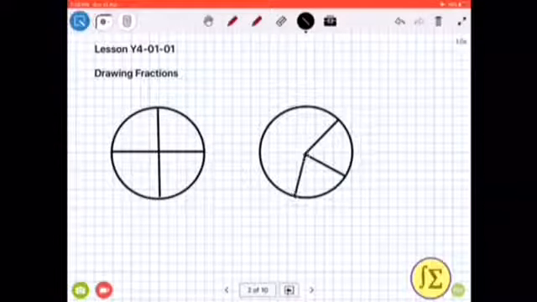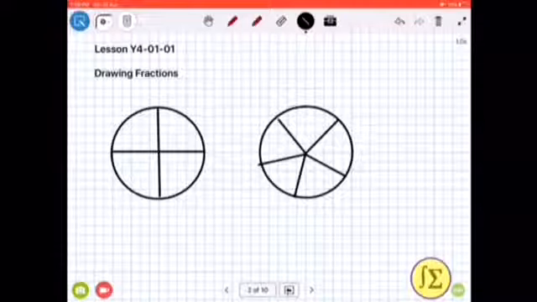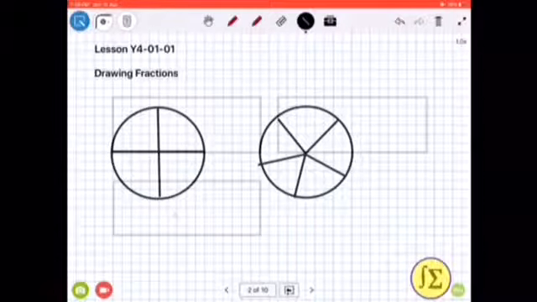Second piece, third piece, and fourth and fifth piece. As you can see, the slices are not equal. So it's easier if you use a rectangle to graphically represent fractions.